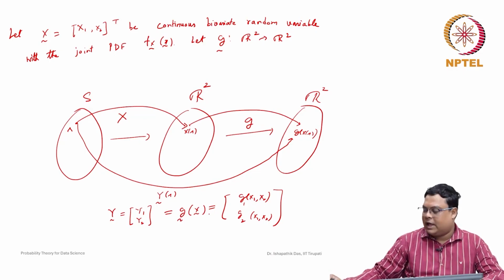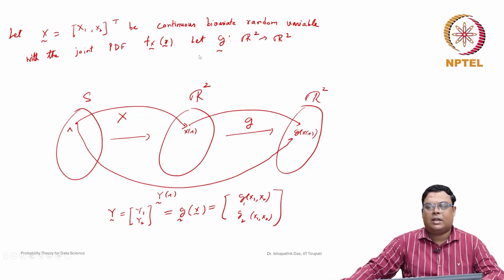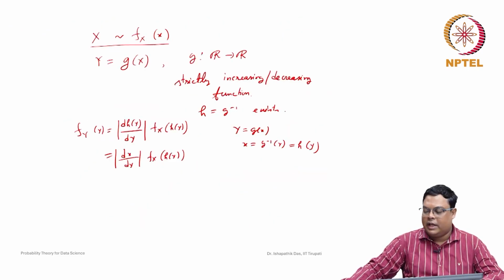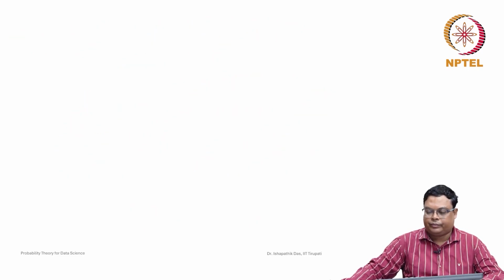But this function needs some properties, like earlier for the univariate case, where we discussed that it has to be strictly increasing or decreasing, strictly monotone, and invertible. Here also we will assume that g is such a function. Since it is bivariate, g is from R2 to R2.